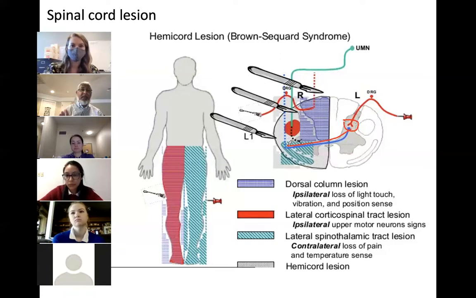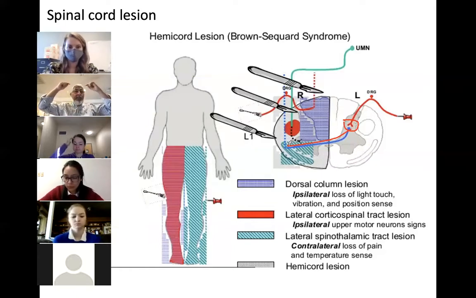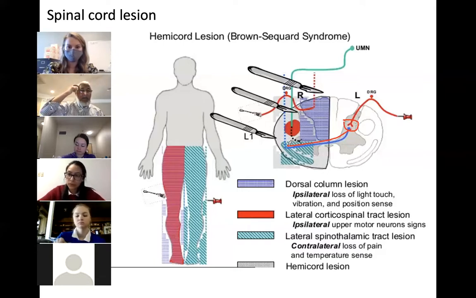Just to know that sensory tracts are also called ascending tracts because they are carrying signal up. And the motor tracts are called descending tracts because they will carry signal from the top to the bottom, right? Say as I am moving this muscle, where is the signal coming from? Coming from the brain, to the spinal cord where the nerve is going to this muscle.